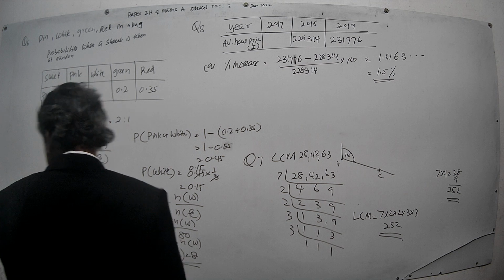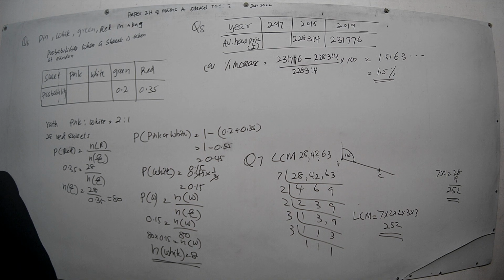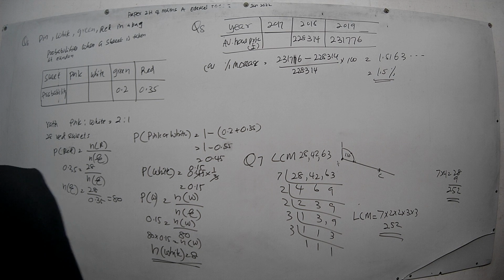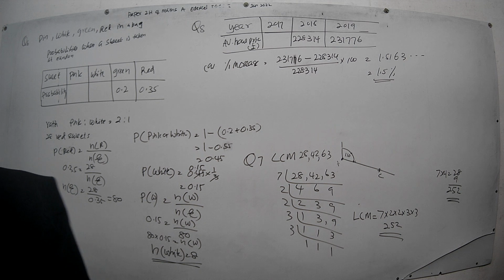Now, second part of the question. The average house price in 2019 was 7.7% greater than the average house price in 2017.